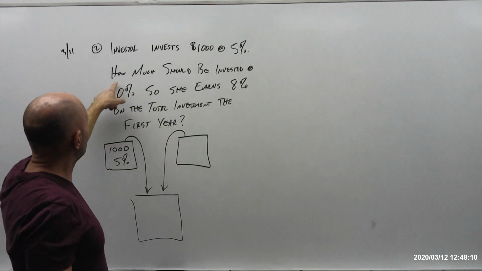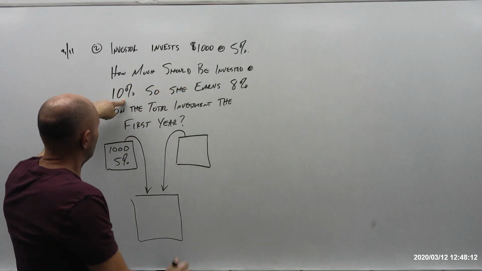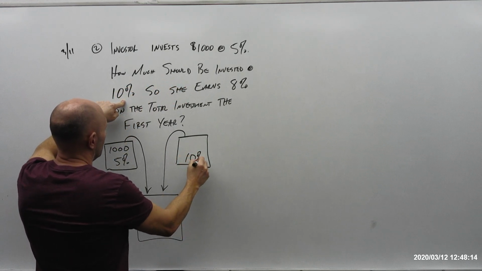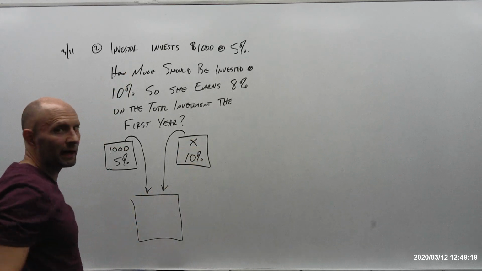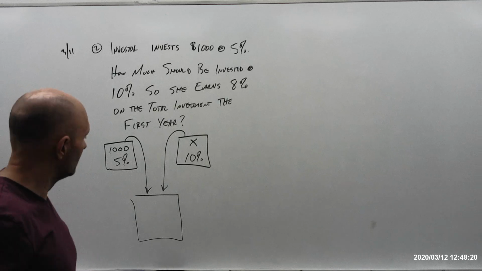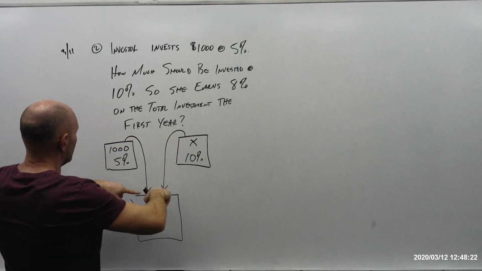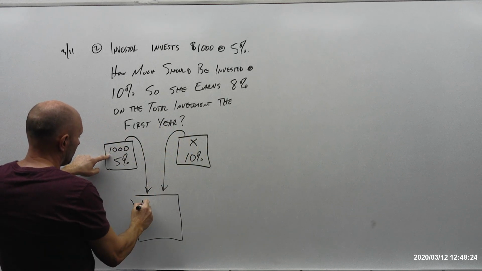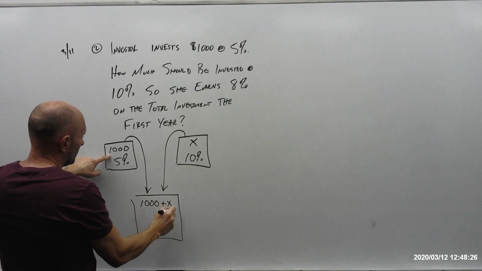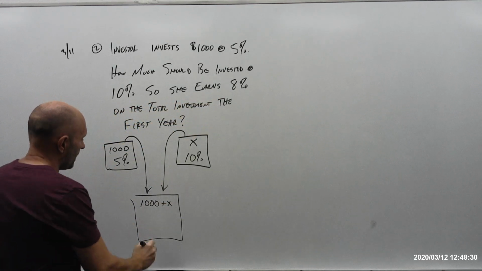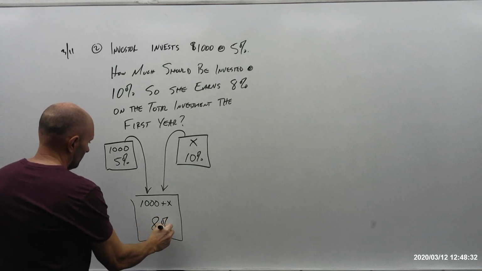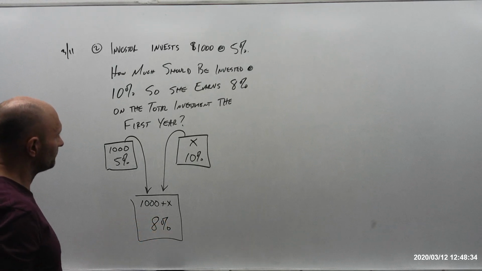And what's the second one? Well, it's a 10% investment. And how much? I don't know, that's what we're looking for. So that's my x. So when these two get mixed together, the total amount is 1,000 plus x. And how much interest do we want? Well, it specifies we want 8% of the total amount.